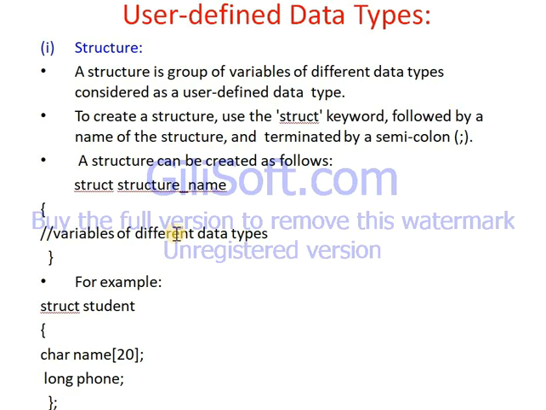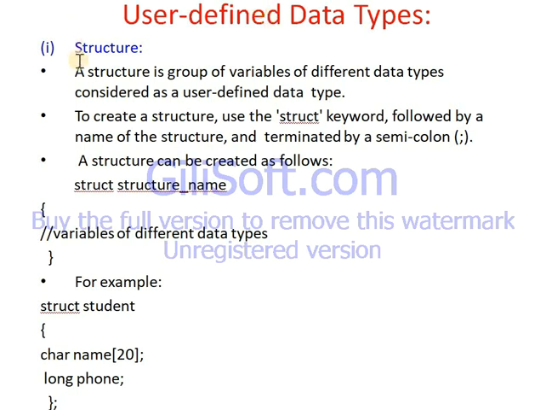Next is the user defined data type. In user defined data types, the user has the facility in the programming language to create data types according to his or her own needs. As per the user requirements, these data types are used in the C++ language.